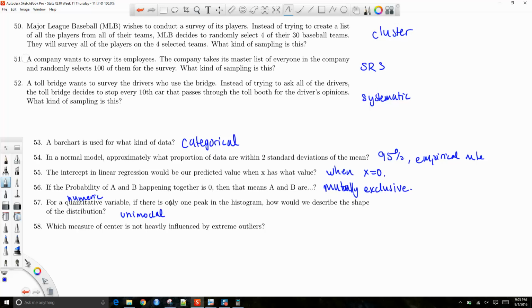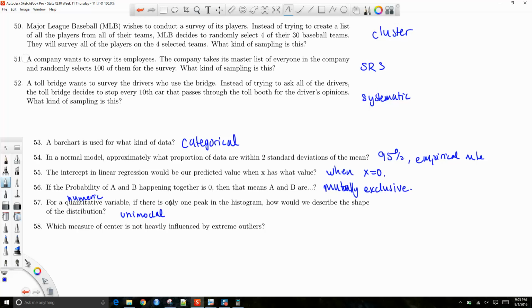It means you have just as many outliers above as you do outliers below, right? What about skewed right? Skewed right would mean you have outliers to the right but not to the left. Skewed left would be you have outliers to the left on the lower side but not to the right.